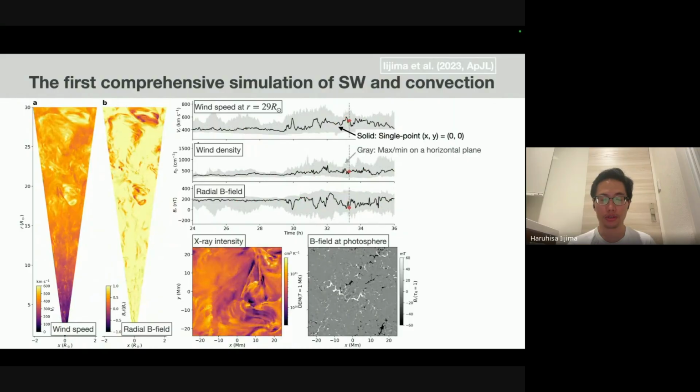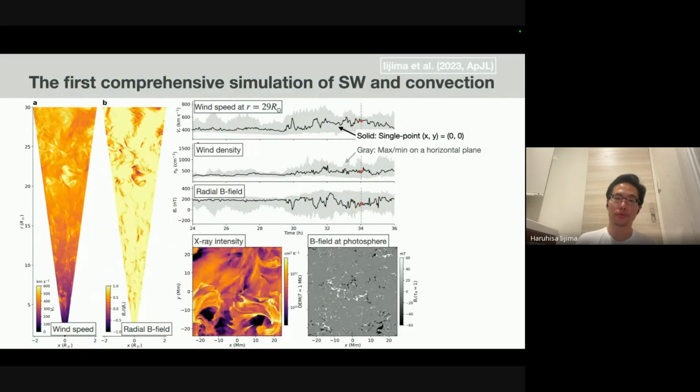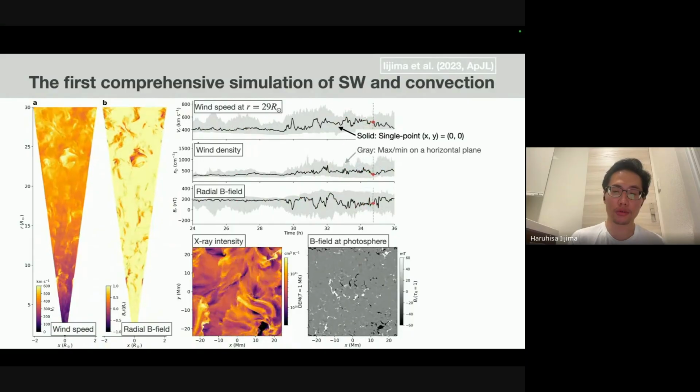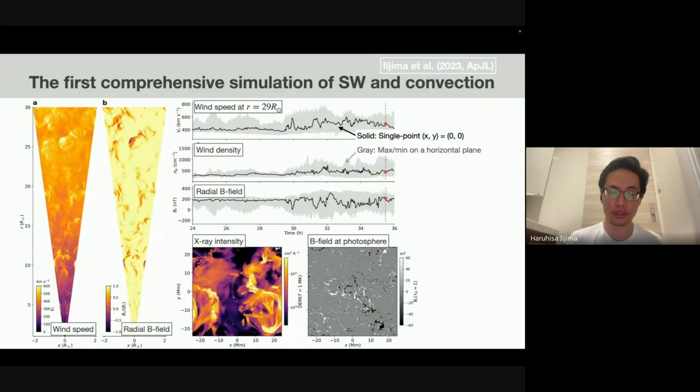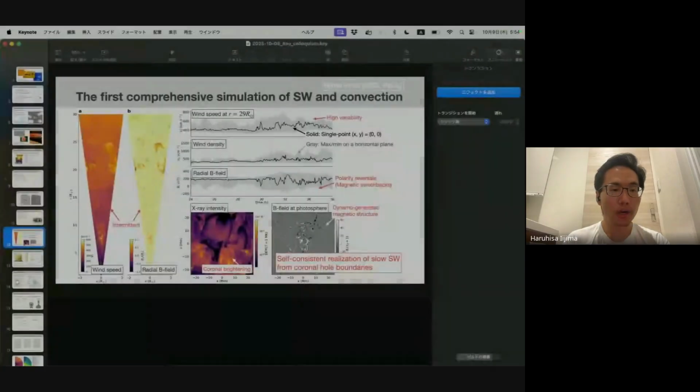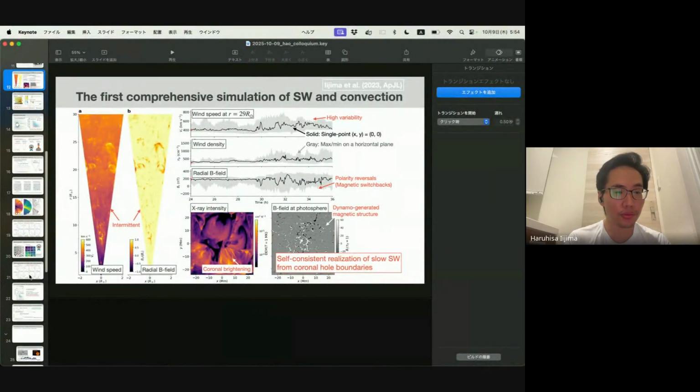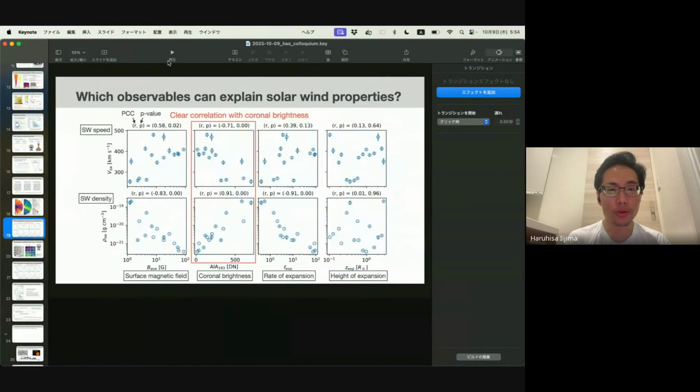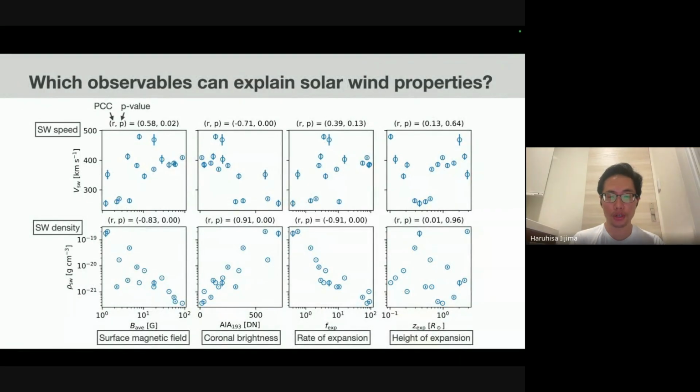In this case, the differential emission measure is directly used for the plot. For example, in this figure, we use the AIA 193 filter, and we use the CHIANTI atomic database to convert the differential emission measure to AIA 193.